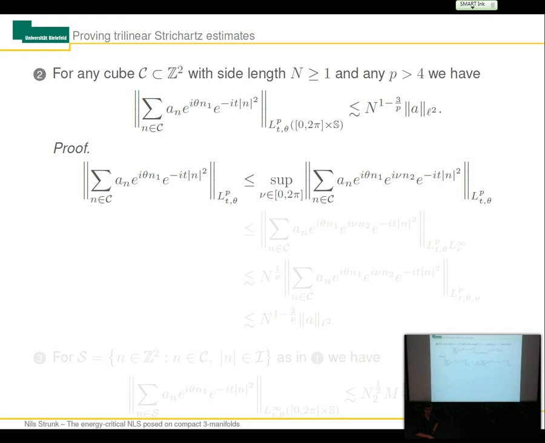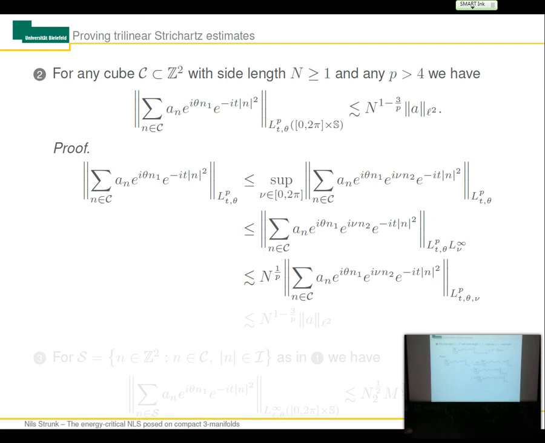Quite easy. Now we have an L-infinity norm outside in nu. What we want to do is use Minkowski's inequality to pull this L-infinity norm inside. And then it looks like this. But we're still not here. What we want to have is not the L-infinity norm in nu, we want the LP norm in nu. But this is only an application of Sobolev's estimate. By Sobolev's estimate in one dimension from L-infinity to LP, we get n to the 1 over p.